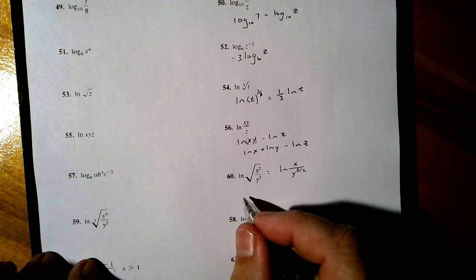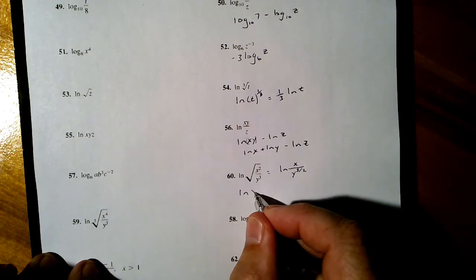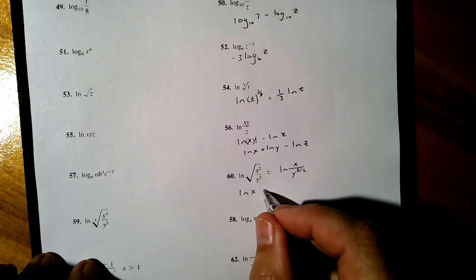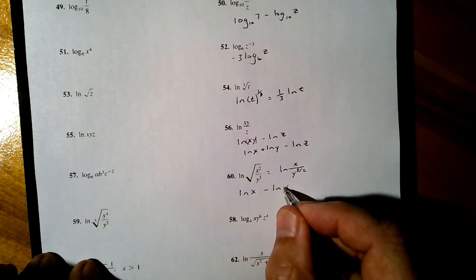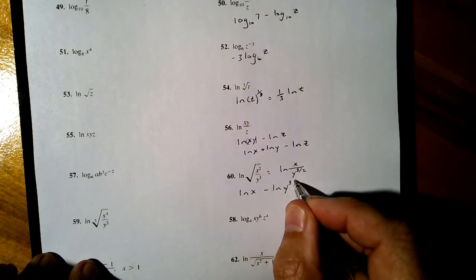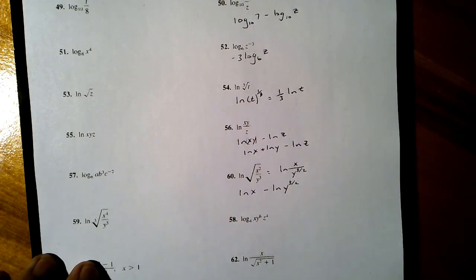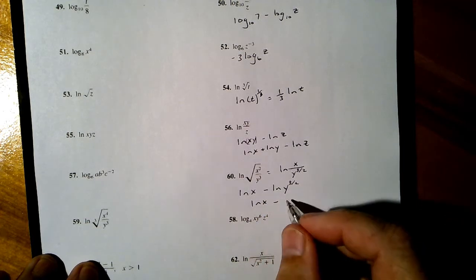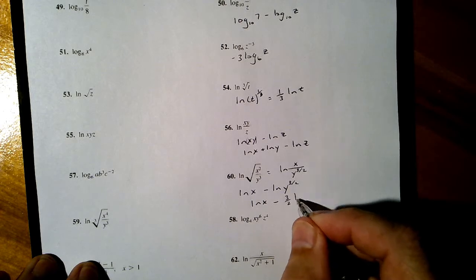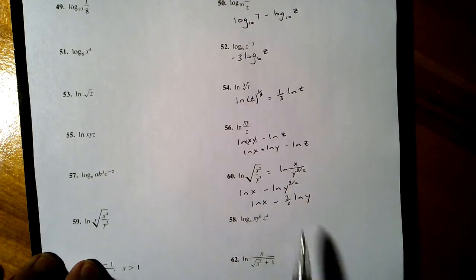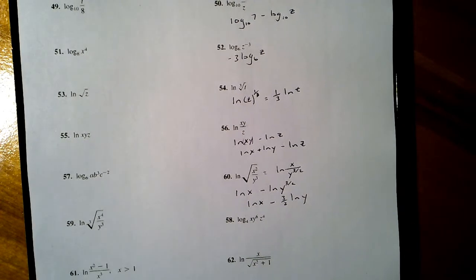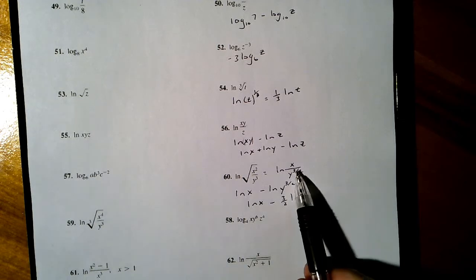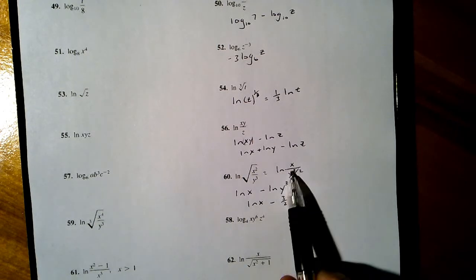And now I can split those into ln x minus ln y to the 3 halves. However, with property 3, I can pull that 3 halves in front and get a more simplified argument. And I don't think it's so difficult to see that we can get from here straight to there in one step.